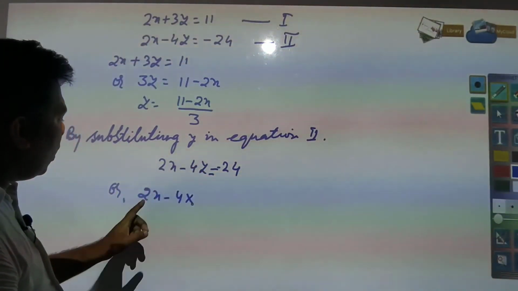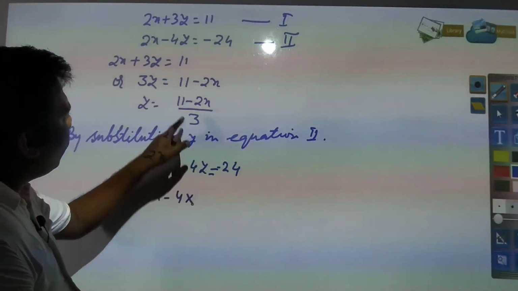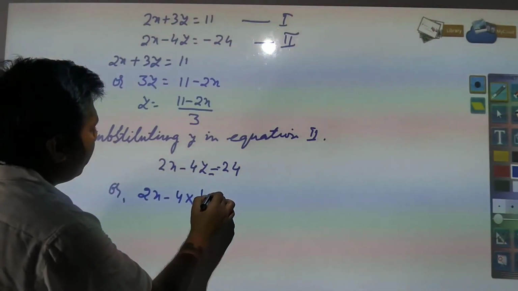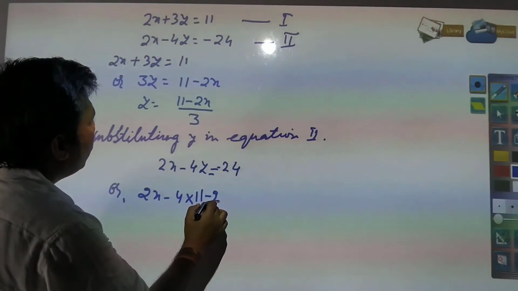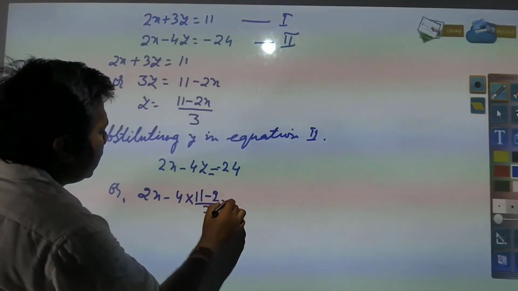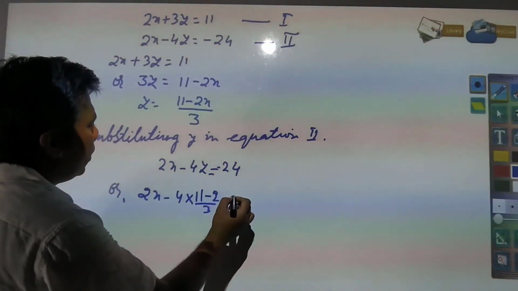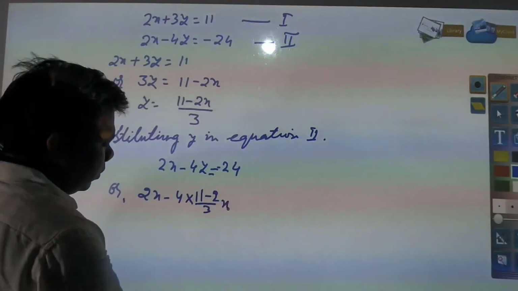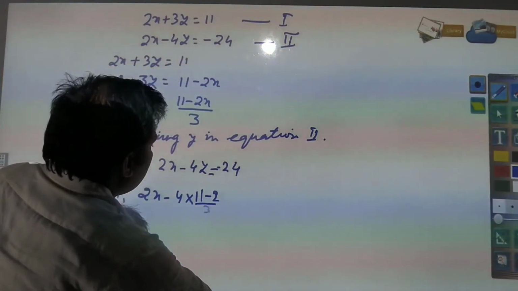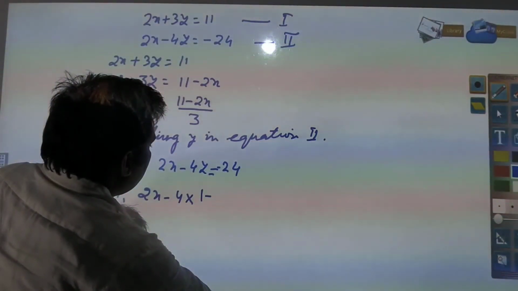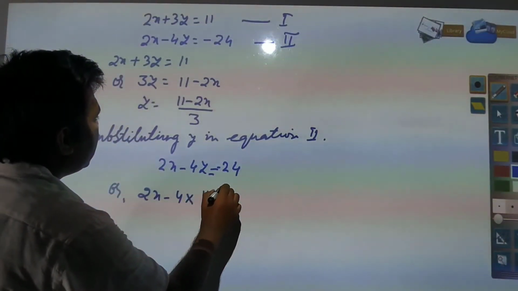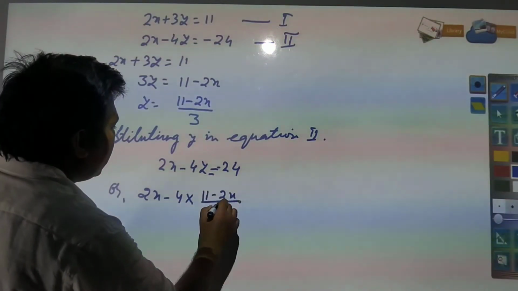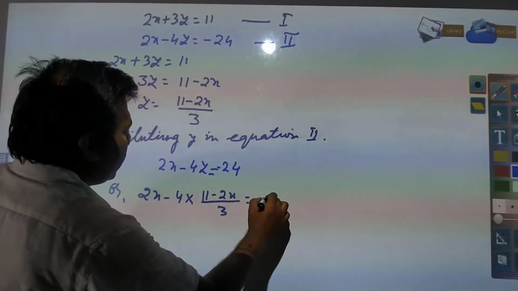But directly you solve: 2x minus 4 into y, which is 11 minus 2 by 3 x, and minus 2x by 3, and that is equal to minus 24.